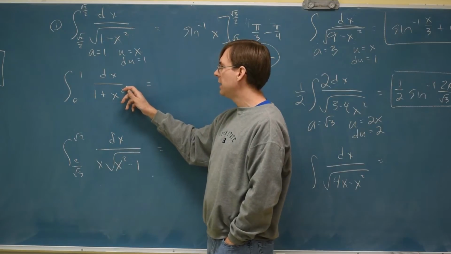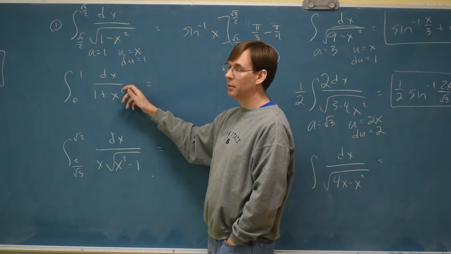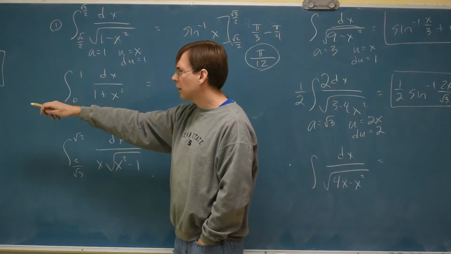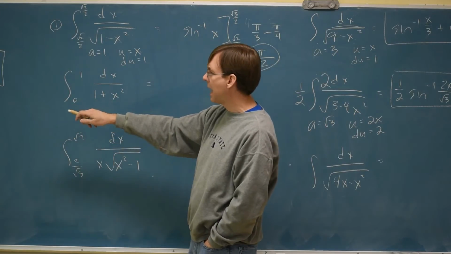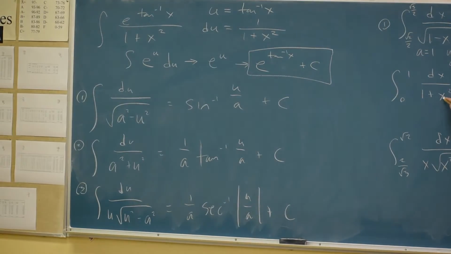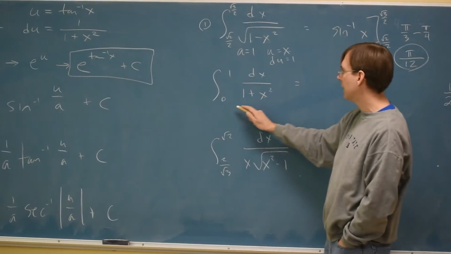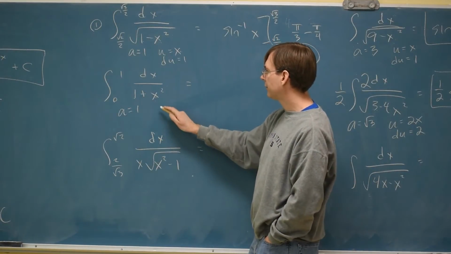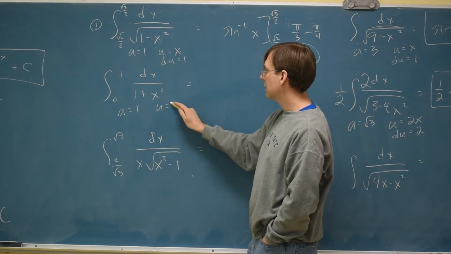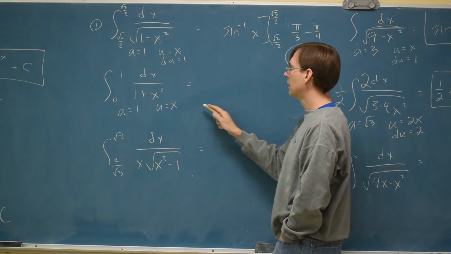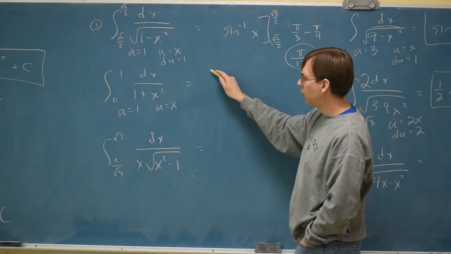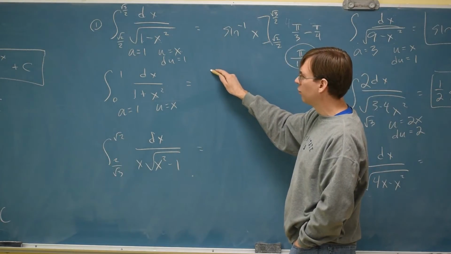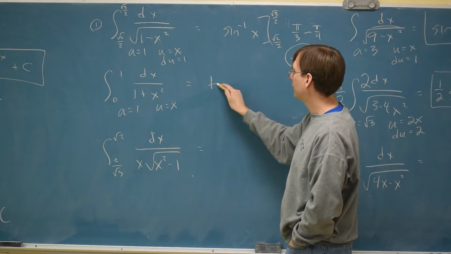This one will be a tan problem. Okay. When we look to the original patterns, tan is the only pattern that didn't have a root on the bottom. So as soon as I see this, I know I have a tan. The a would be the root of this, which is a 1. The u would be the root of this, which is an x. So I want for my answer to put 1 over a, which is 1 over 1, and I'm not feeling that.